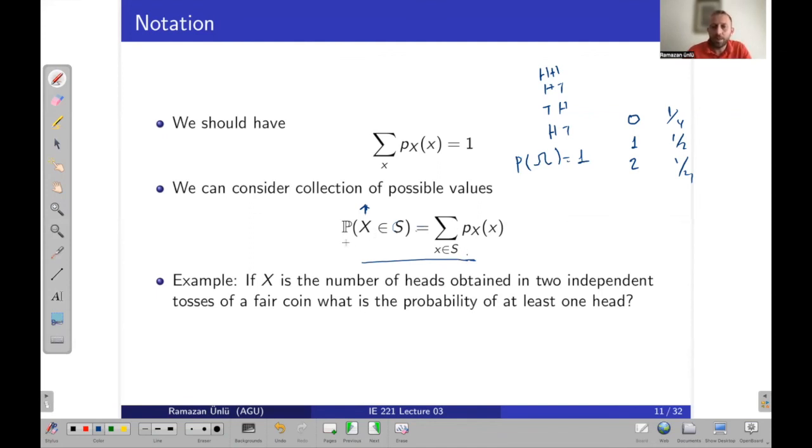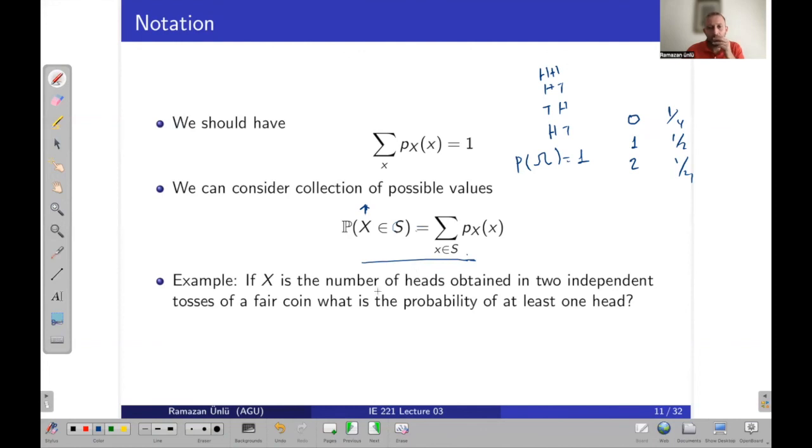Let's do it again. The probability of random variable x, which belongs to subset S, will be equal to the sum of the individual probabilities of the random variable x that will take the values from that subset.